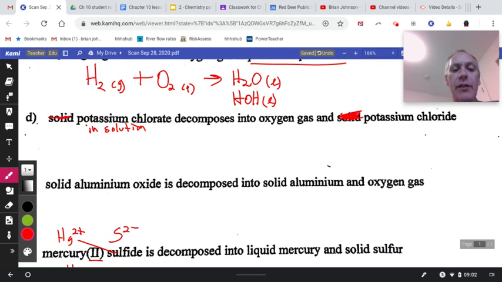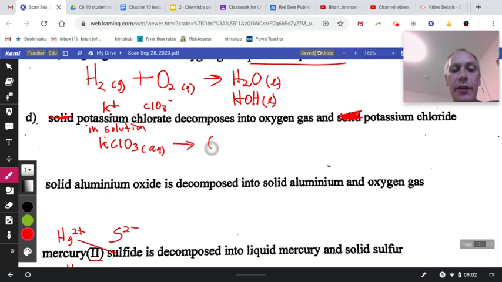Potassium chlorate in solution. What does that mean? So first of all, let's get the formula. K plus, chlorate is ClO3 minus. So the correct formula is KClO3 in solution. How do we show in solution? That means dissolved in water, aqueous.